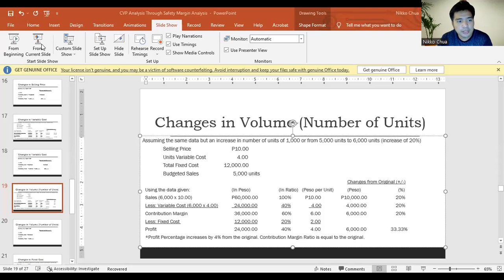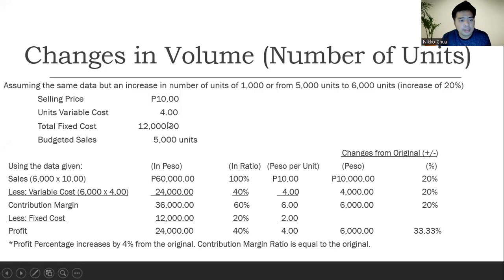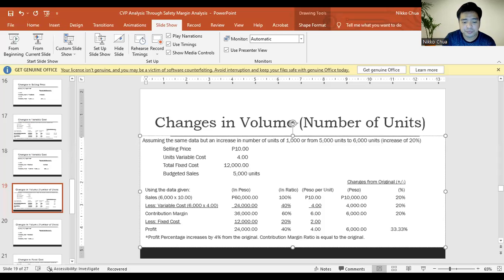So as we can see here po, there is an increase in the number of units, 1,000, as is po ang iba, variable cost and fixed cost, selling price. So we will have this 6,000 na po.